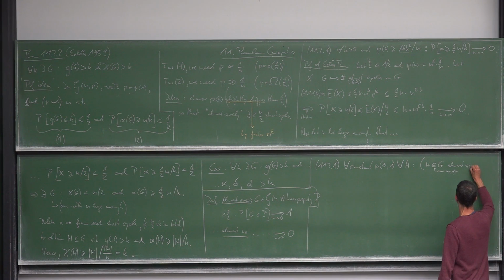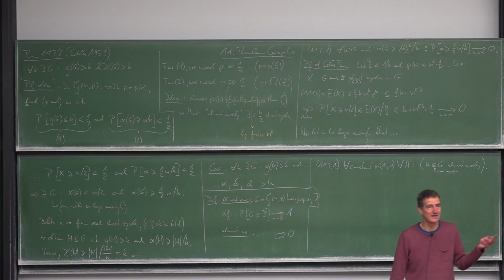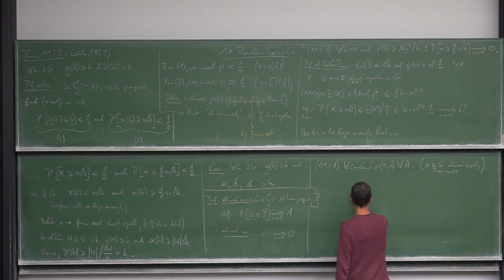Almost surely. So almost surely your random graph contains the Petersen graph. Anything you like. So why is that? Well, think of G as big.